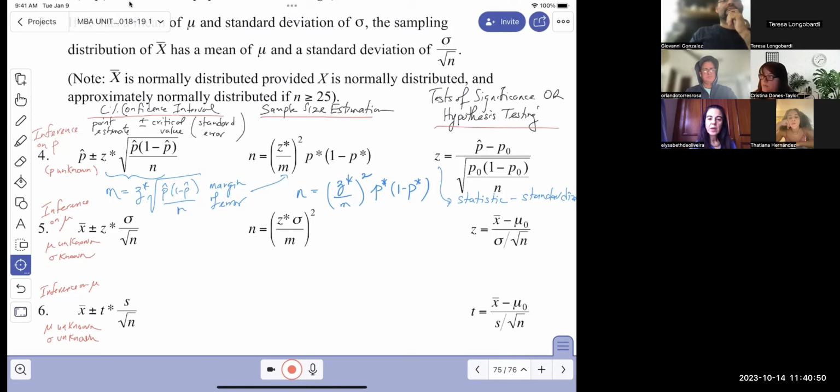How many are they? I don't remember. I think we're on 6. Let me see what I put on the platform. I saw 5. You told us we can miss 1 or 2, right? Yeah, you can miss 1 or 2.